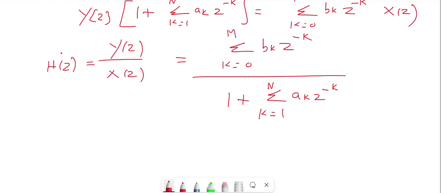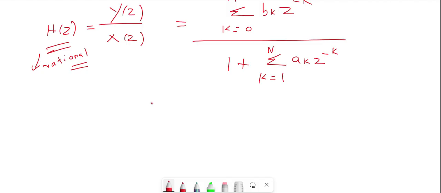So this h of z system function is a rational function. Now, in terms of the stability of the system, the condition for stability of a causal LTI system, causality and stability for any LTI system.